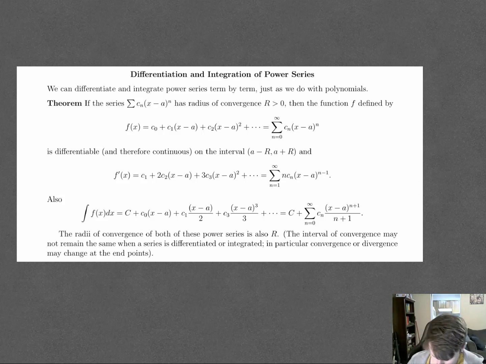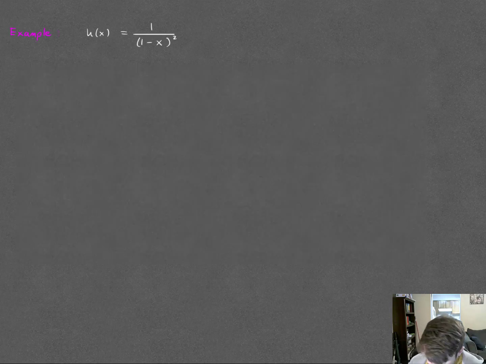Now, why is this useful? Let's say you have a power series representation for a given function, and you want to find the power series representation for its derivative. Well, this tells you to take the power series representation you have for the function and just differentiate it term by term.